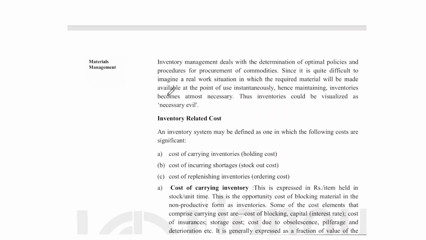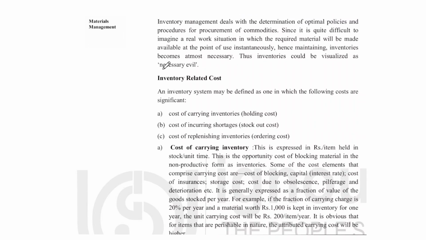Inventory management deals with the determination of optimal policies and procedures for procurement of commodities, since it is quite difficult to imagine a real work situation in which the required material will be made available at the point of use instantaneously. Hence maintaining inventories becomes almost necessary. These inventories could be visualized as a necessary evil.